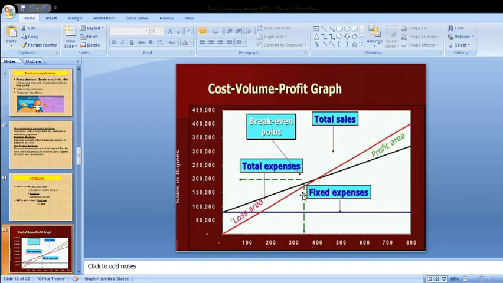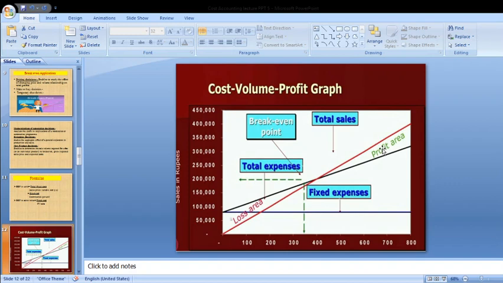Every company always wants to be above this level of sales. Below this level is what is known as the loss area, because your costs are more than sales. Above this level, your sales are more than cost, so you are in the profit area.